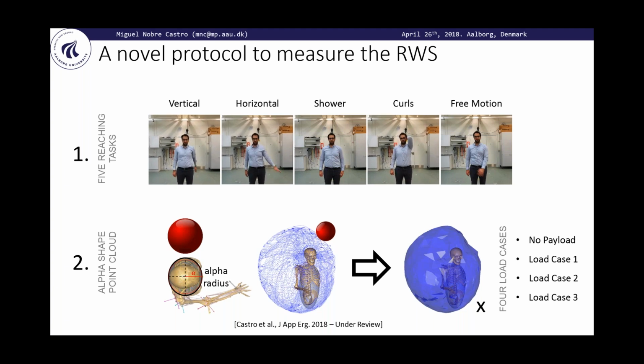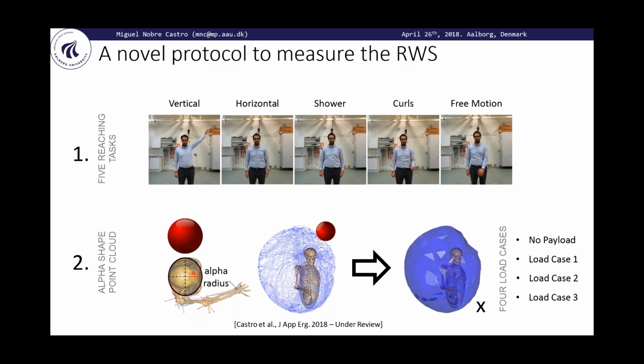The existing protocols have been done resorting to machinery, to some auxiliary devices, but also to kinematic biomechanical models, using the joint ranges of motion and extrapolating from there. This one allows you to really measure the full volume.